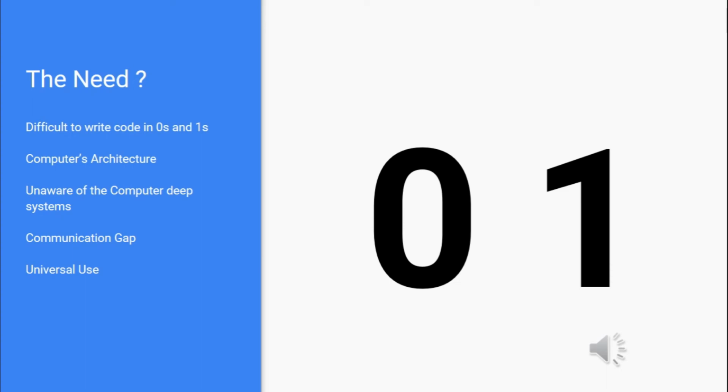Humans are good at giving instructions in language, whereas computers can only process binary language. It works just like a translator between two people from different nationalities who are trying to converse, each speaking a specific language.